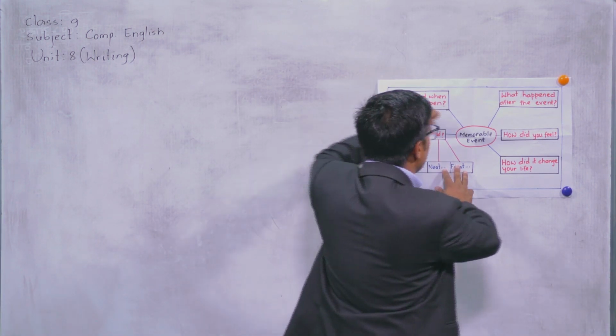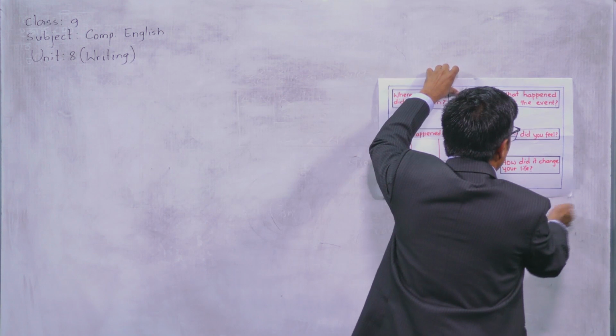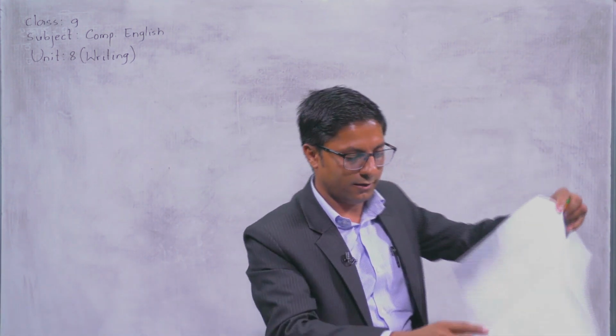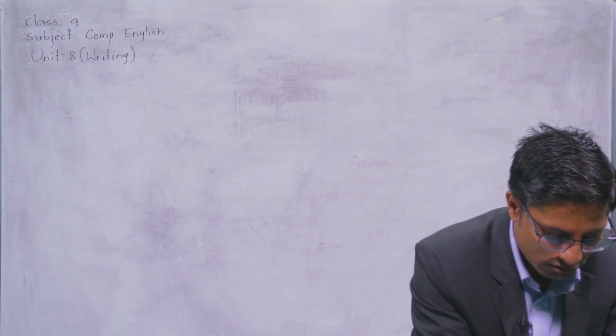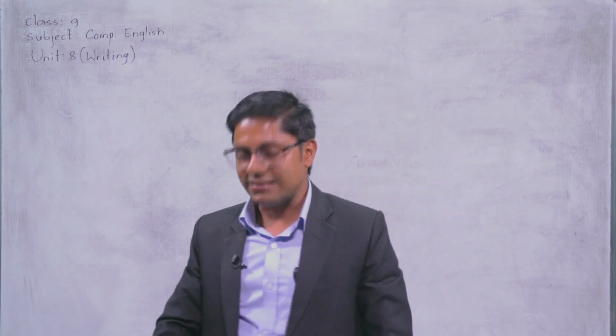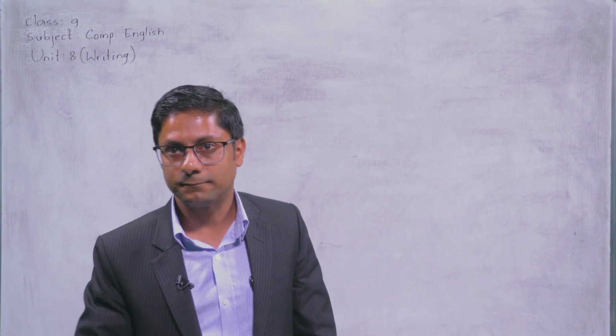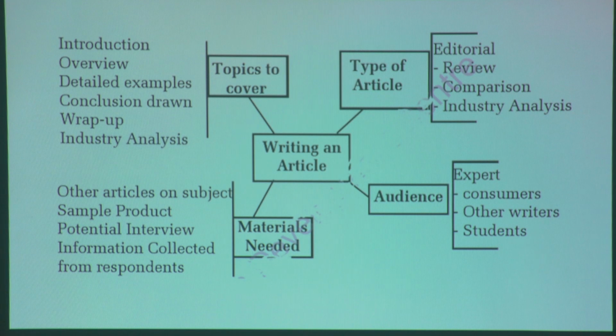Now, you are not going to use this chart. You do have another chart to be followed. You can see on the screen. See there, while writing an article, what things should be considered?